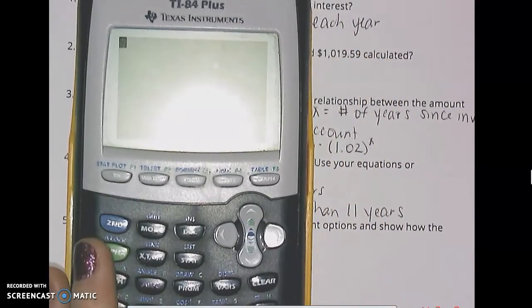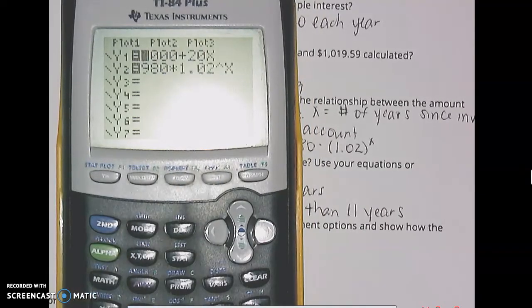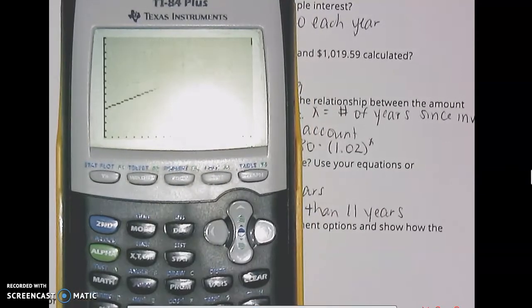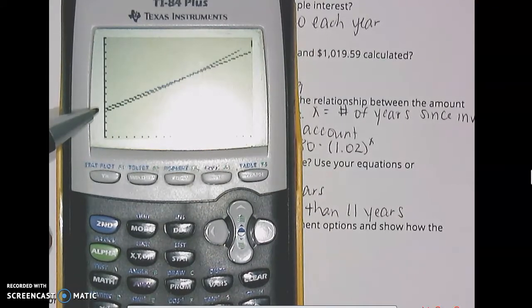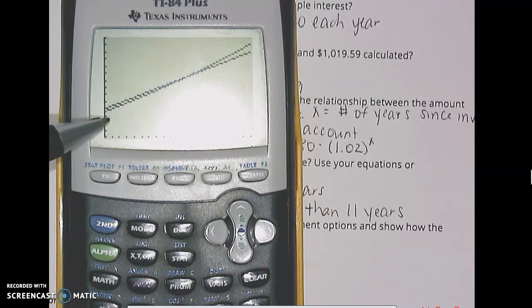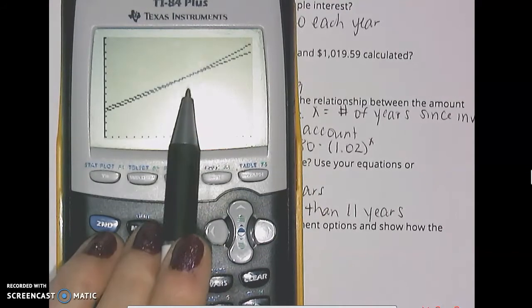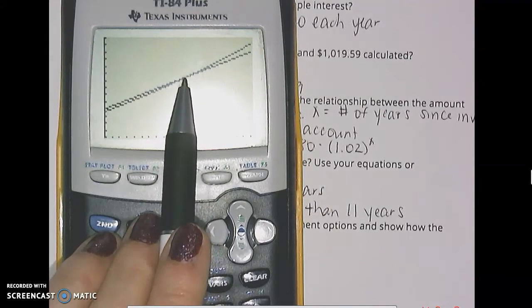So if we have both of the equations typed in there and graph these, you're noticing that the top one is the bond. It's just going up, it's a straight line. Here the savings account is going to be lower, and then here's that magic point where they meet and cross.